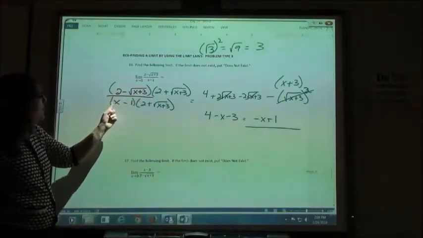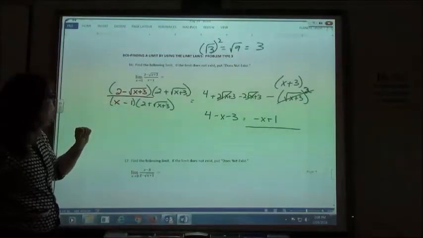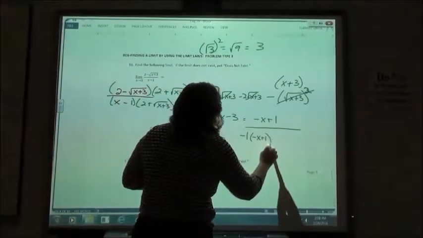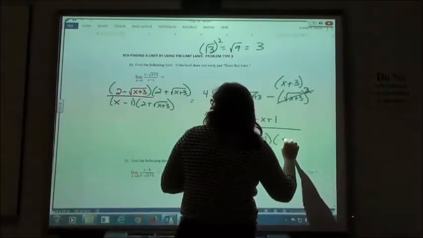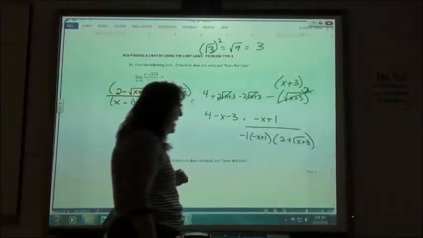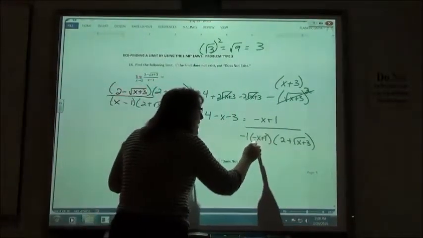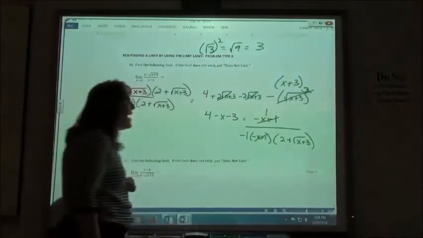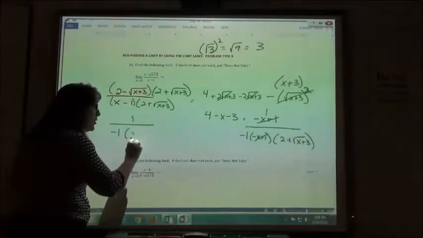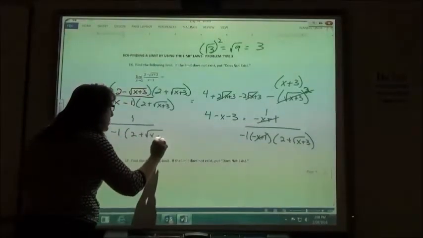So in order to cancel that out, I could factor out a negative 1. So I'm going to have a negative 1 times negative x plus 1. And then I'm going to have my 2 plus the square root of x plus 3. Lovely. So here I'm going to be able to cancel this with this, putting a 1 on top. So I have 1 over negative 1 times 2 plus the square root of x plus 3.